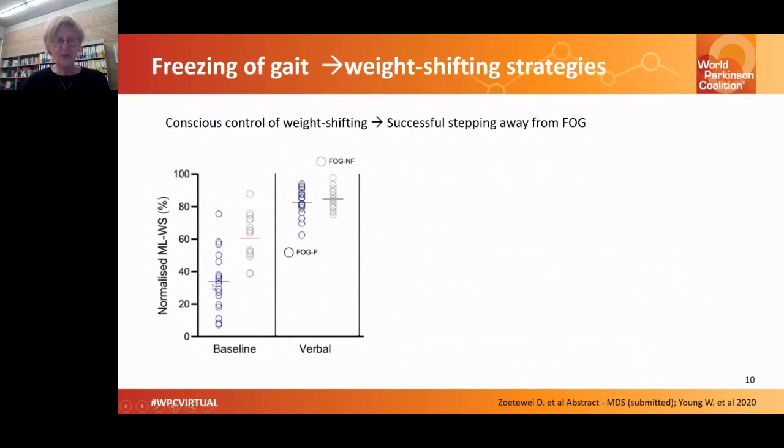But what they showed is that with a verbal instruction to control the weight shifting, freezers were able to correct this pattern of movement. And more importantly, as a result of that improved weight shifting, they were much more often successful in stepping away from a freezing episode.